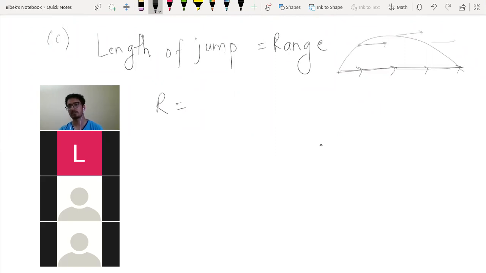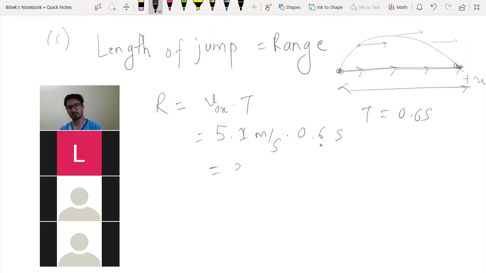So the projectile is always covering equal x distance in equal time intervals. So your range is just the x velocity times the time of flight, because you are calculating the distance from this point to this point. That time is 0.6 seconds. Your V0x is what you just found, 5.1 meter per second, and your time is 0.6 seconds. So that gives you 3 meters as the range.